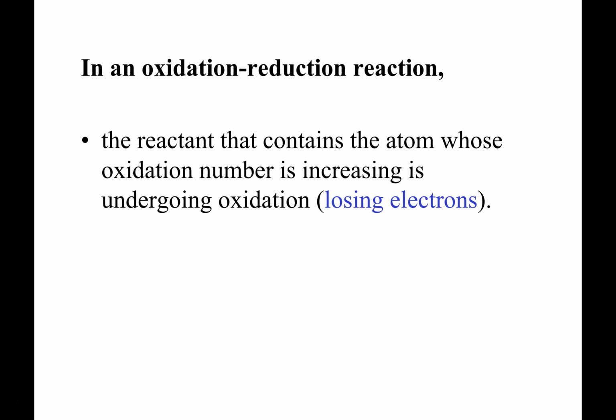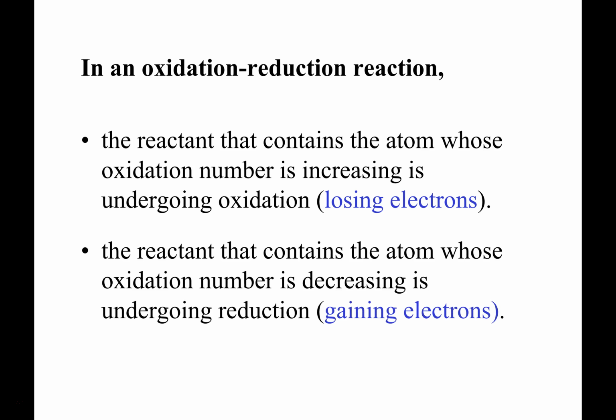A lot of times your atom that's being oxidized or reduced is part of something larger, a compound, okay? So the overall reactant that has the atom that is being oxidized, we say that that reactant is undergoing oxidation.